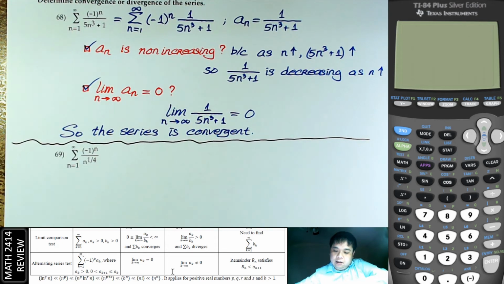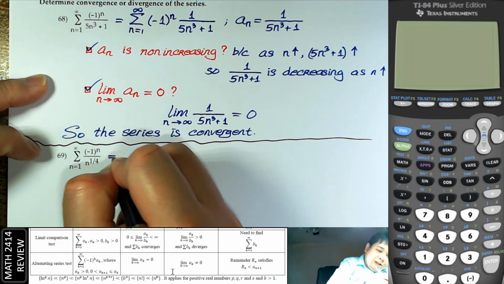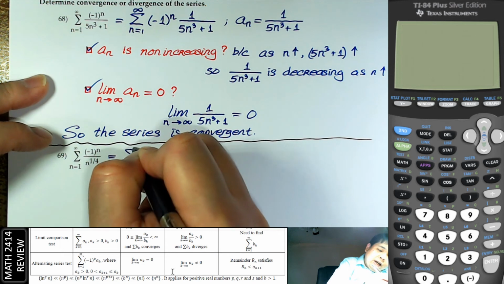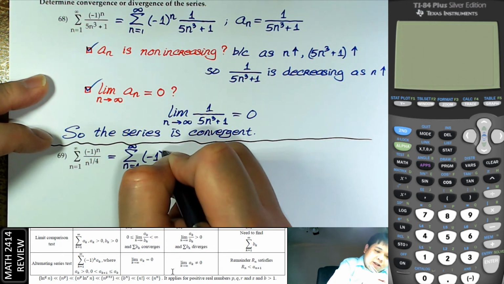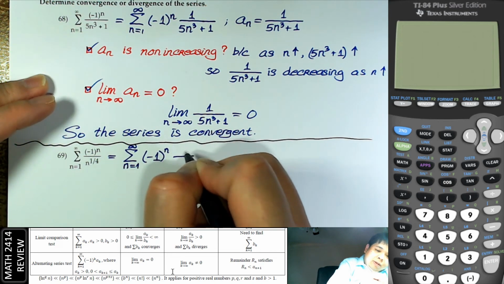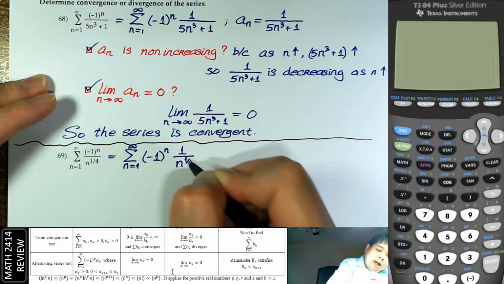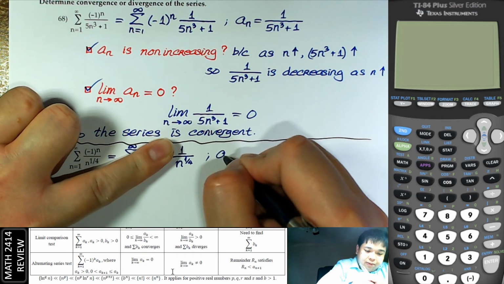Right. Now this one is the same thing. We write the alternating factor separately, and what's left is going to be a sub n. So a sub n is that term.